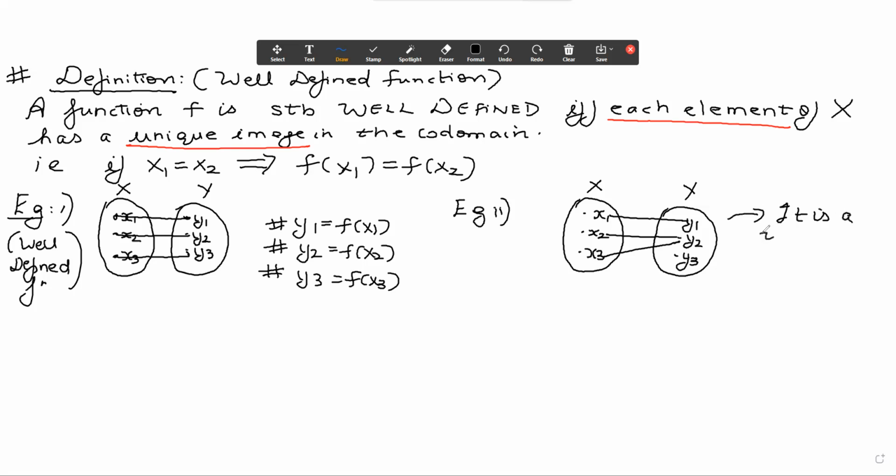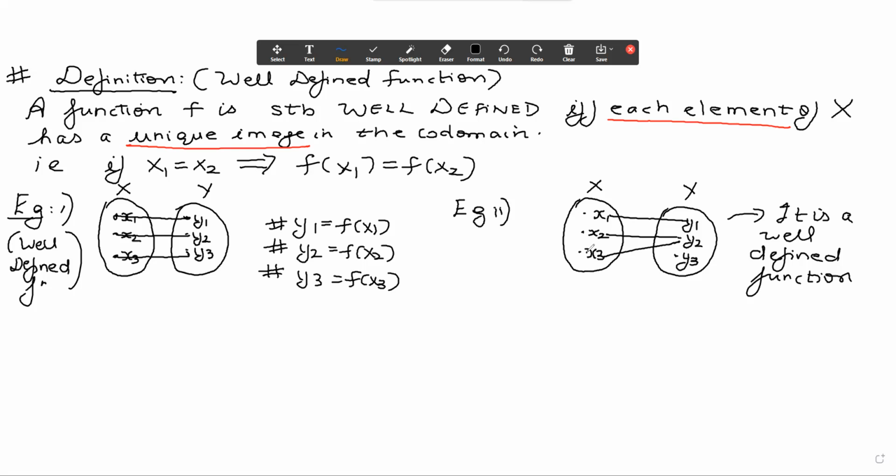It is a well-defined function. Why? Because you can see every element of X is related and it is related to exactly one element. Even though you can see that y3 is not receiving any arrow, the image of x2 is y2. Image of x3 is also y2. That is fine. There is no harm in that. Every element of X is having a unique image.